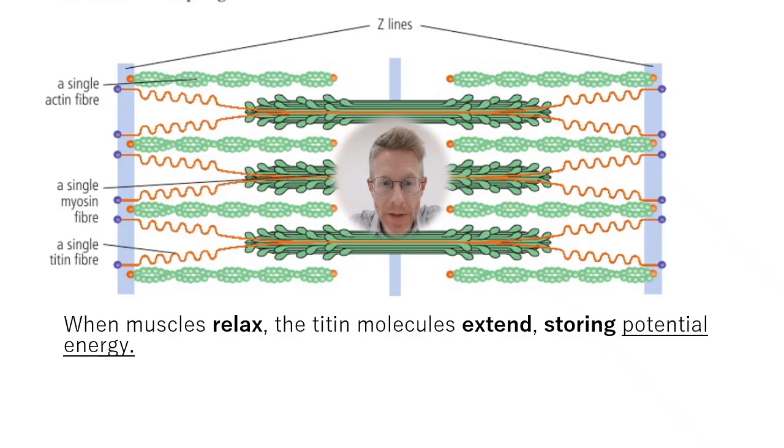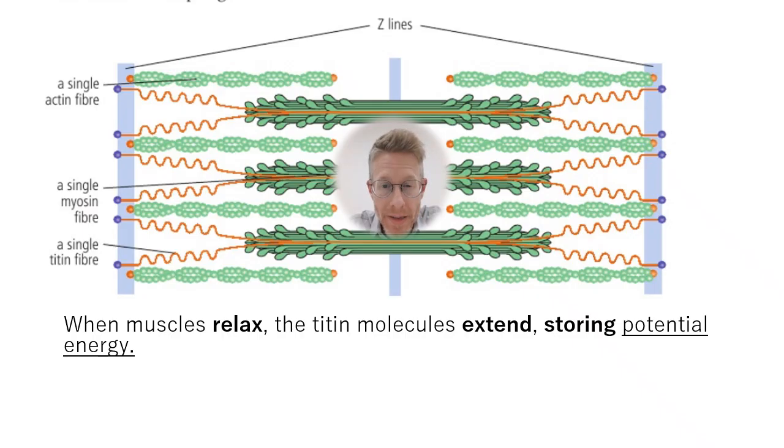And in this diagram, the orange spring-like structures, those are titin. Titin proteins are very long proteins, and so they connect from the myosin to the Z line. So you can see these titin fibers connected there.